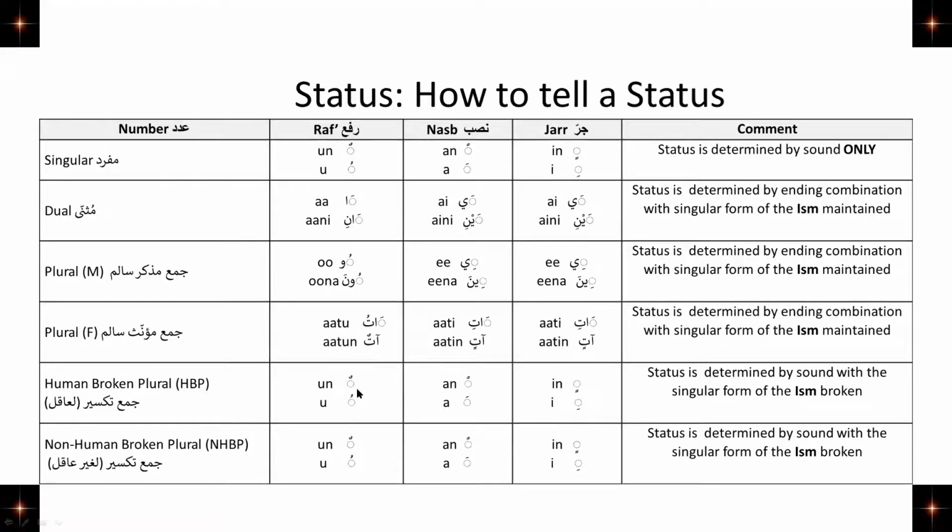Okay? So here you can say, for instance, kalamun and kalamu. Kalamun, kalamu, and kalaman, kalama, kalamin, kalami. The word kalam, sorry, I'm giving you the singular, but I was supposed to give you the plural. So this is aklamun, aklamu, aklaman, aklama, aklamin, and aklami.